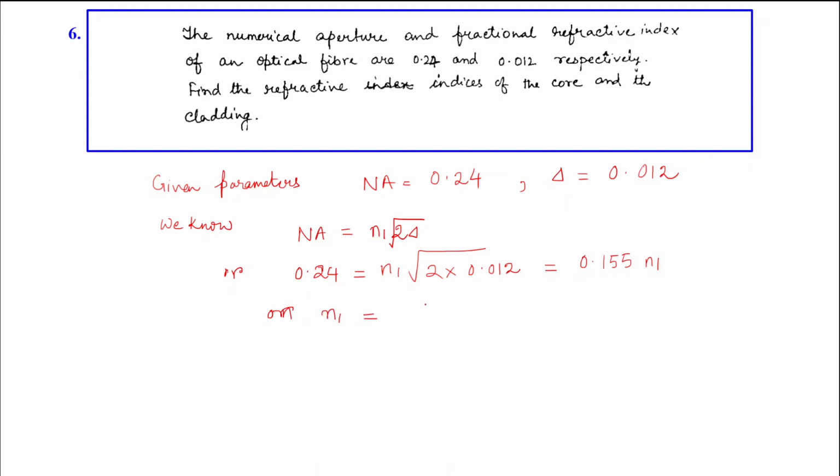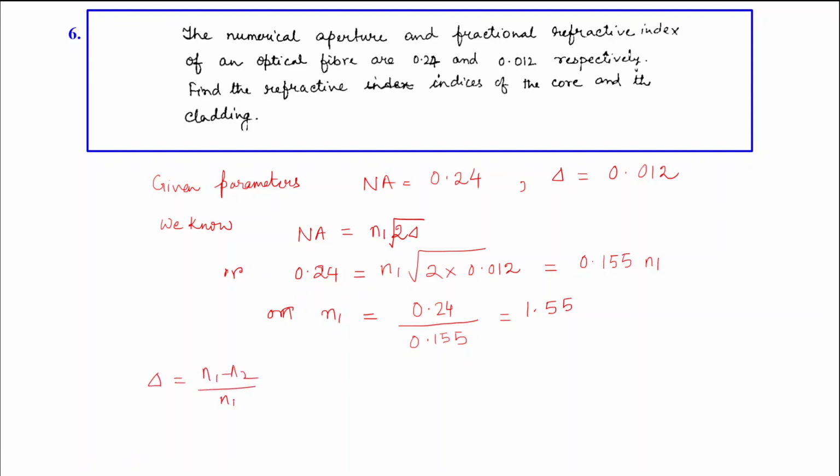Now n1 is equal to 0.24 divided by 0.155, that is equal to 1.55. So the refractive index of the core is 1.55.